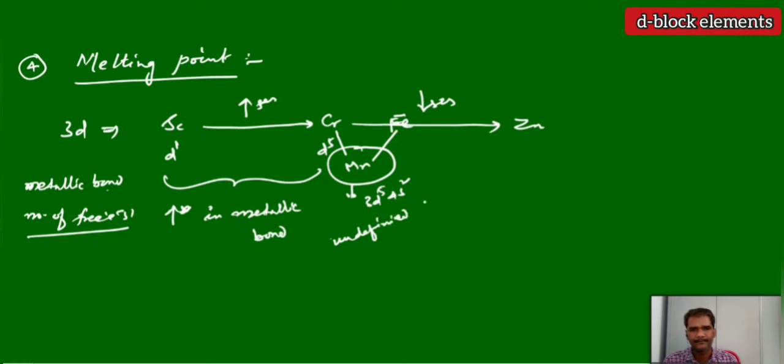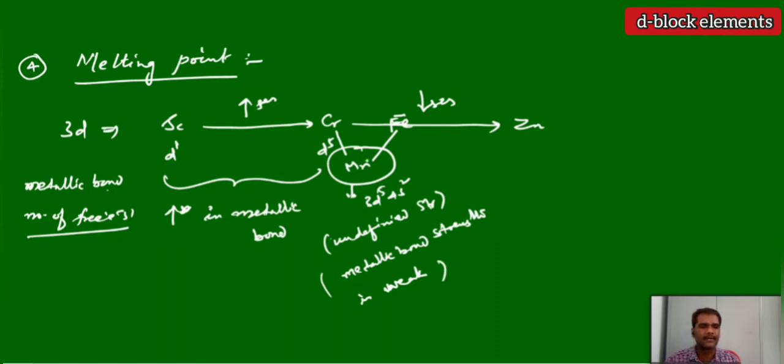Undefined structure, and here we have less metallic bond strength. Metallic bond strength is very weak. A weaker metallic bond is responsible for the low melting point of manganese.